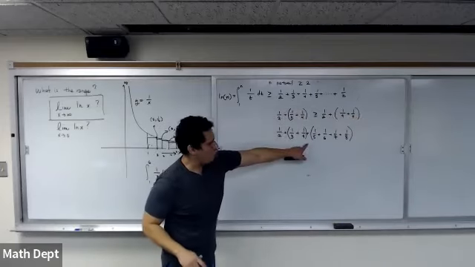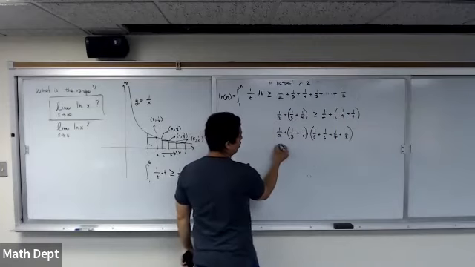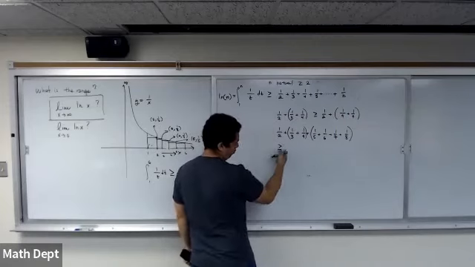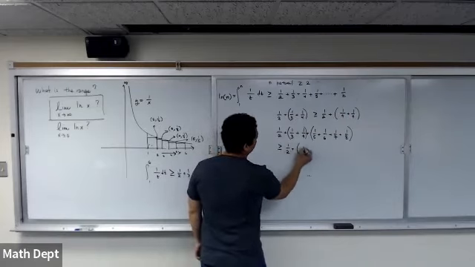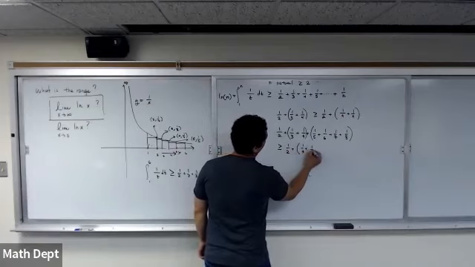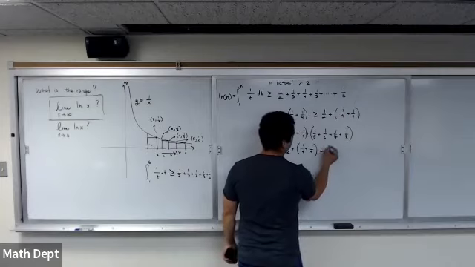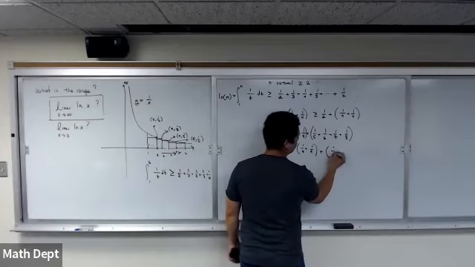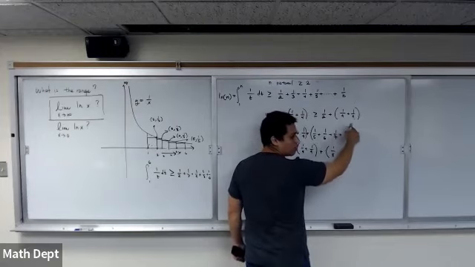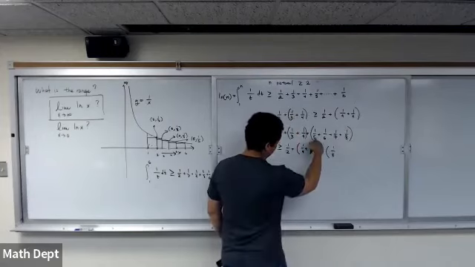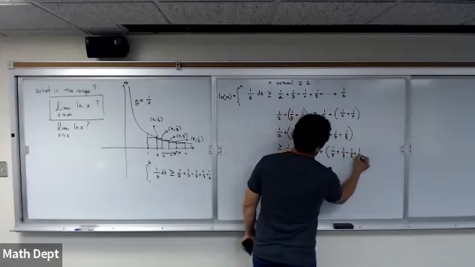In a similar fashion, for this one, I'm choosing the smallest, and I would say, well, 1/8, 1/8, 1/8, 1/8.